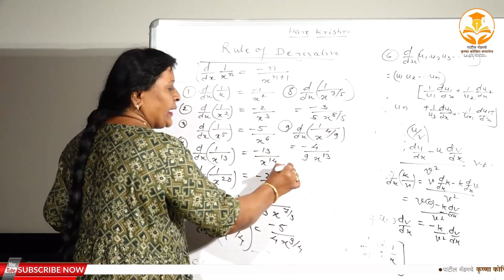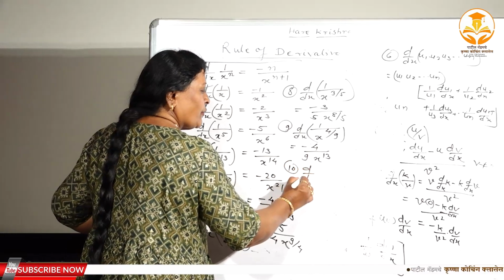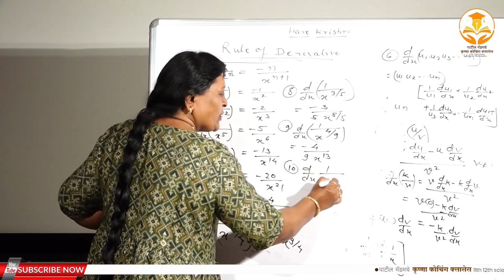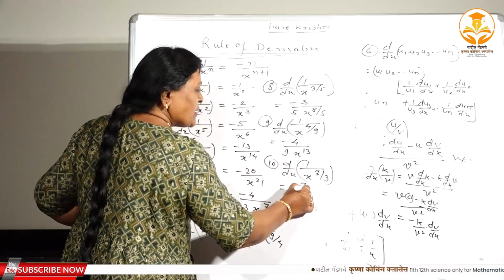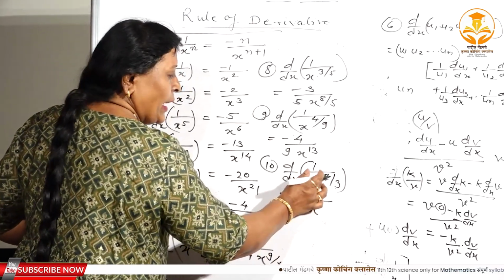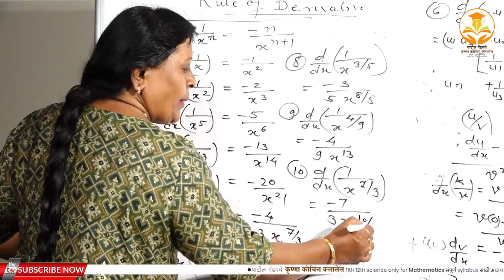Right? In this way, 10 suppose, again d/dx of 1/x to the power 7/3. Right? Again -7/3 x to the power 7 + 3 10, 10/3.